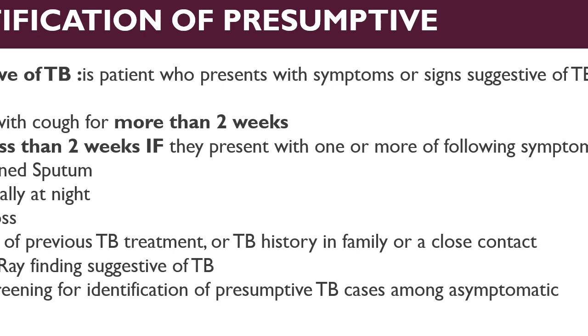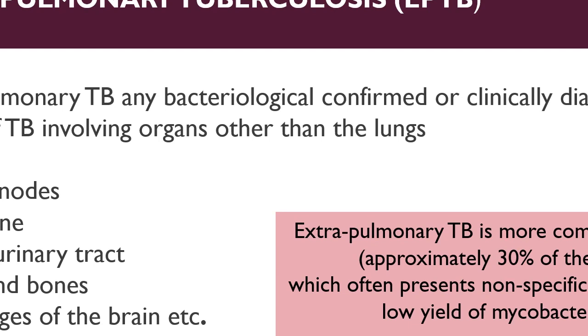And if there are X-ray findings on screening, they also count as presumptive TB cases, and these patients may be asymptomatic. The signs that were discussed earlier were the signs of pulmonary tuberculosis, but extrapulmonary tuberculosis is more common in PLHIVs than in ordinary persons, and approximately 30% of cases present as extrapulmonary tuberculosis.